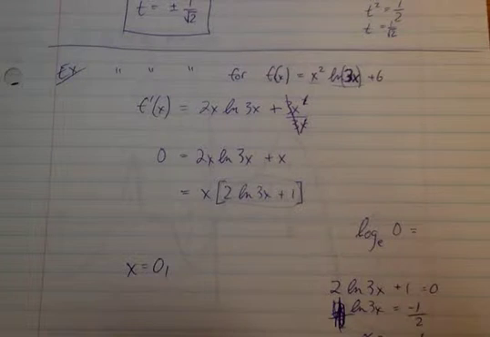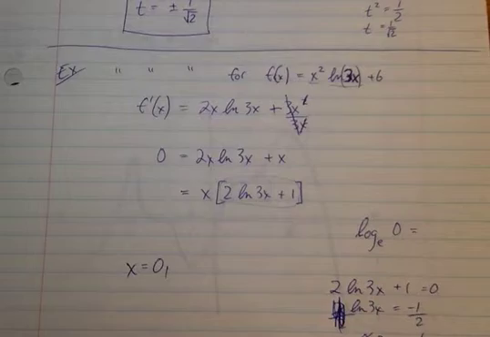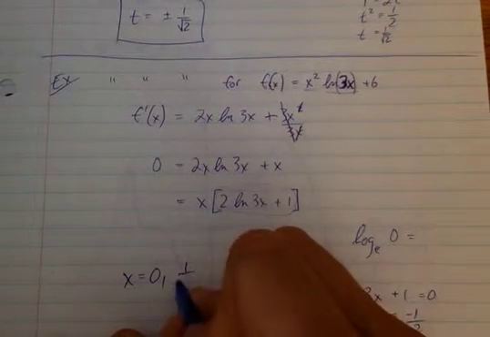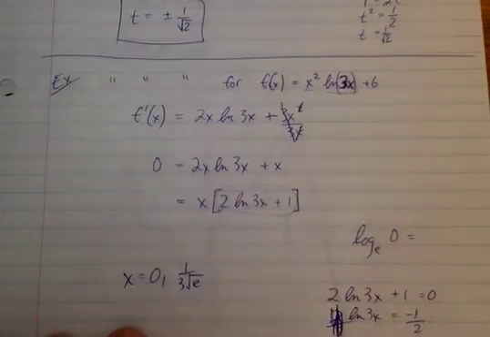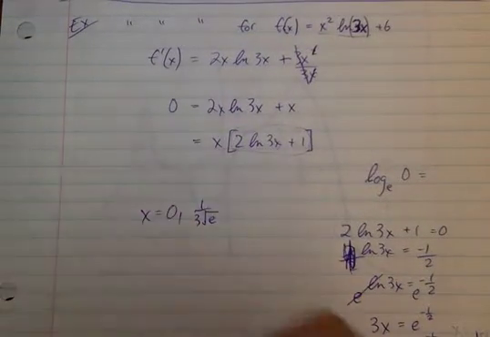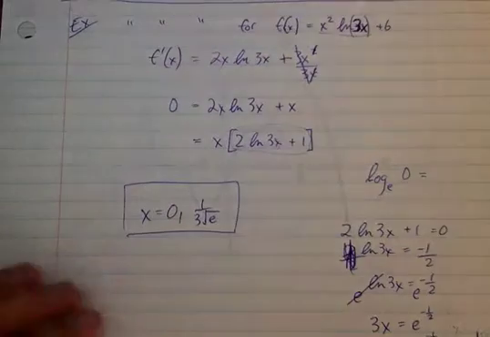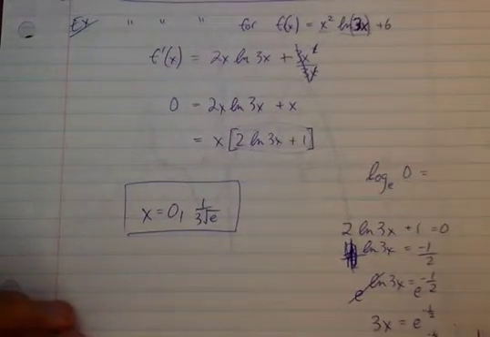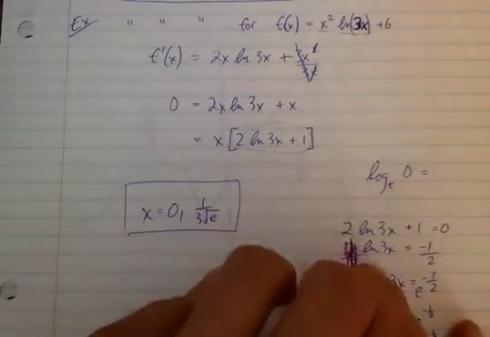That means that x equals e to the negative 1/2 over 3. And you can also write that as 1 over 3 square root of e. So that was fun, he said ironically.